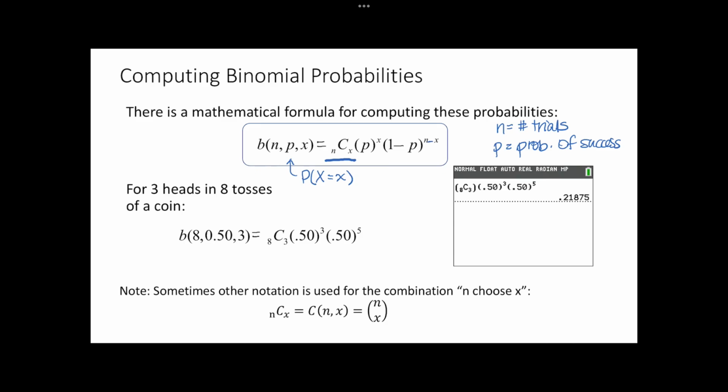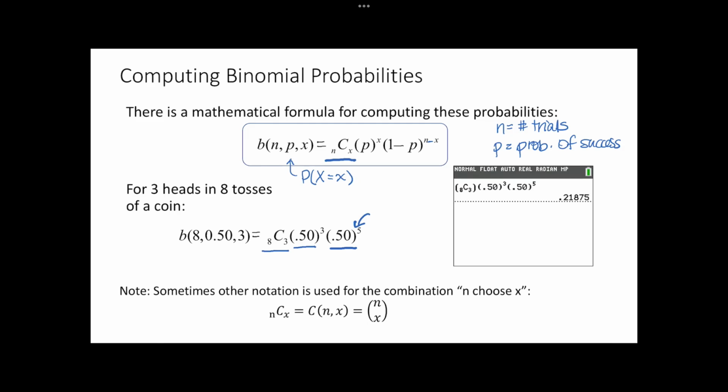Okay, so if we're doing our example where we flip a coin 8 times and we want to calculate the probability of getting exactly 3 heads, we're going to do 8 choose 3 times p, which was 0.5, to the power 3, times 1 minus p, so 1 minus 0.5, which is 0.5 again, to the power n minus x.